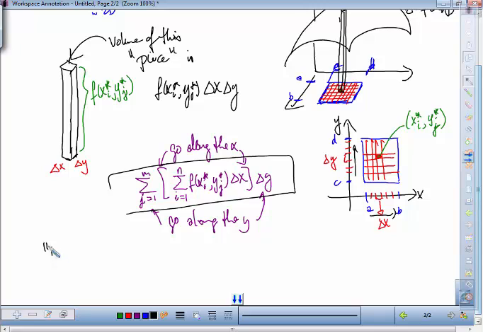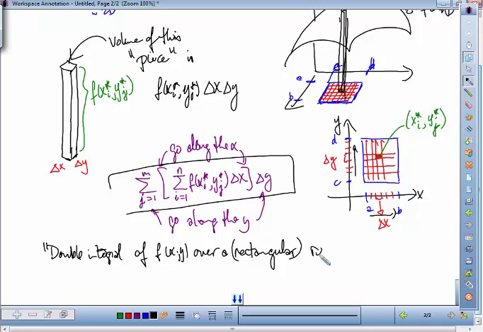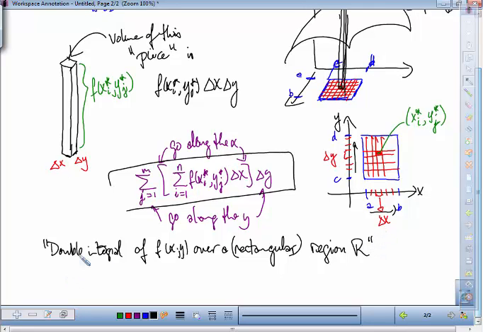So we say double integral of f of x y over a rectangular region R, and we'll do a shorthand notation for that.